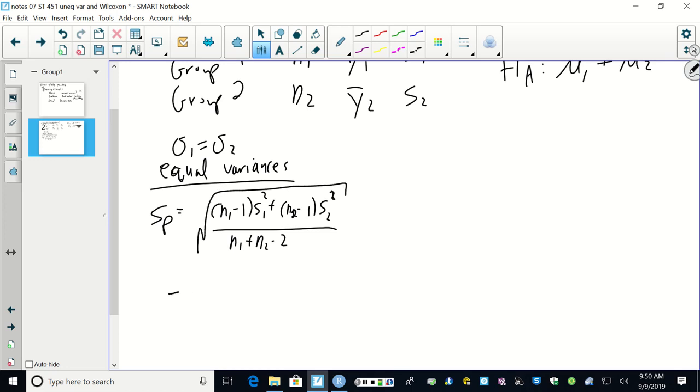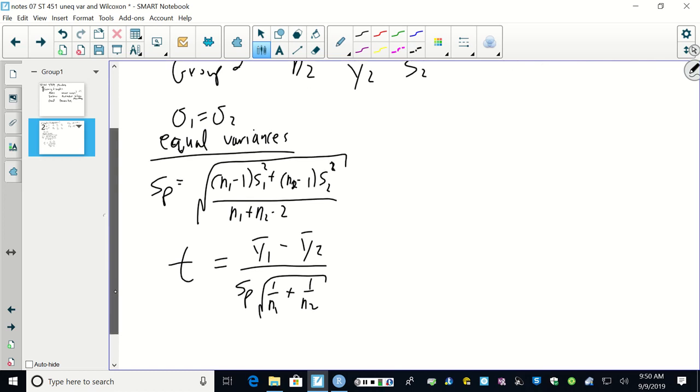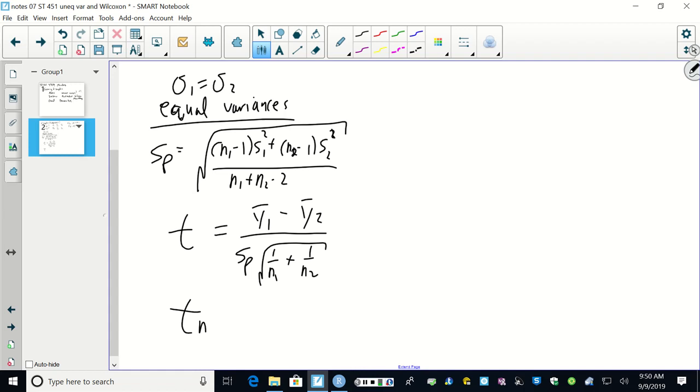And our t-test statistic then is y bar 1 minus y bar 2, the difference of the means, and then standardized by the standard error, which is the S sub p times the square root of 1 over n1 plus 1 over n2. Right? And that's our test statistic, and we compare that to a t distribution with n1 plus n2 minus 2, the sum of the two individual degrees of freedom.